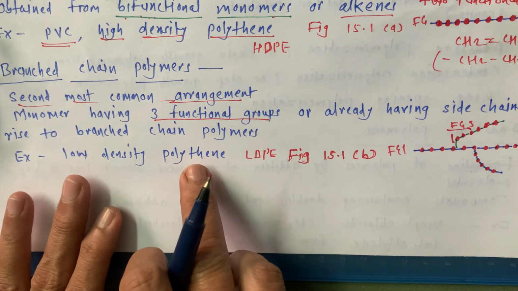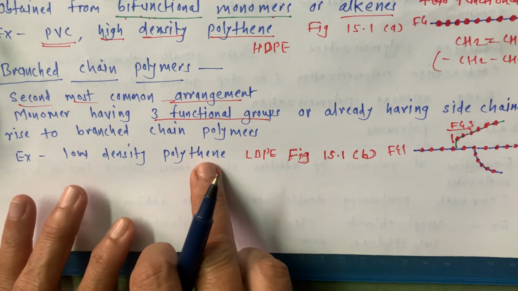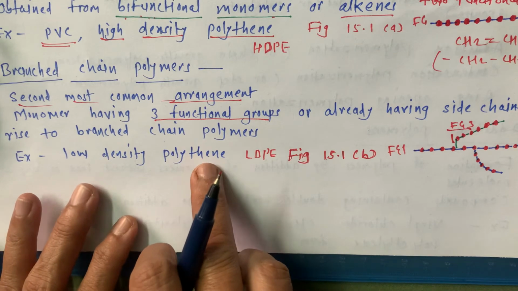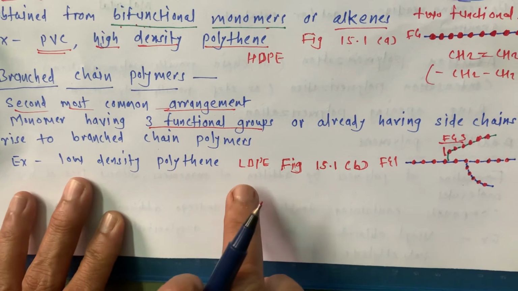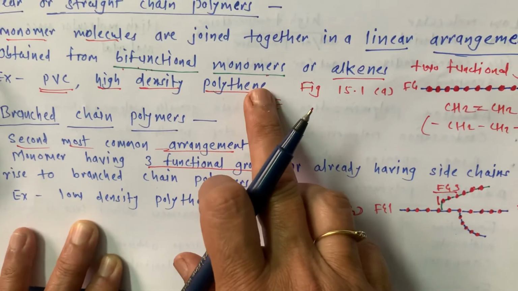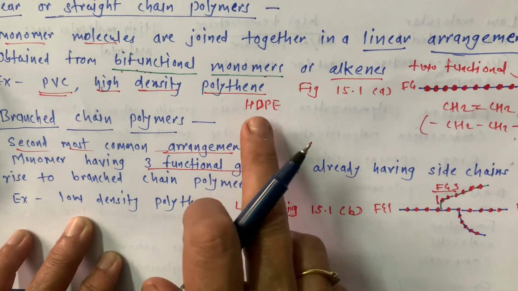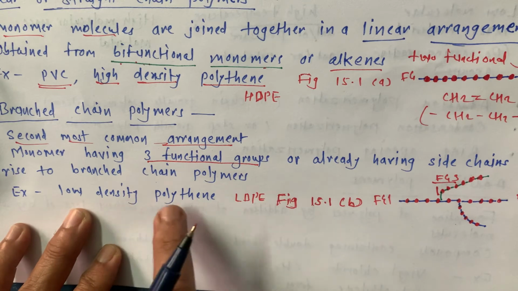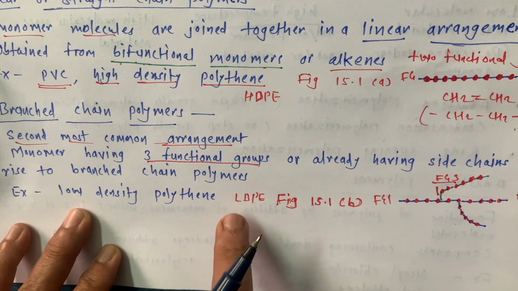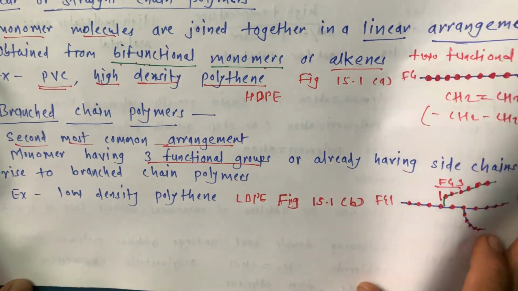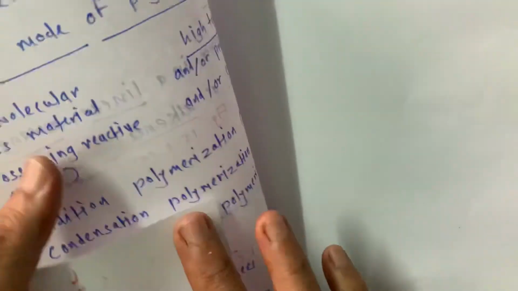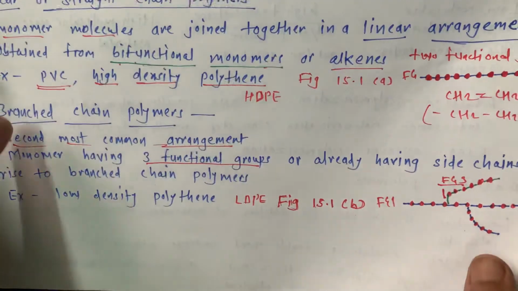Wrapper for chocolates, wrapper for bread, or the cling film. All these are made up of low density polythene. They are quite transparent compared to this, and they have low density. Okay, and their melting point is lower than this. This is the basis of classification based upon structure.